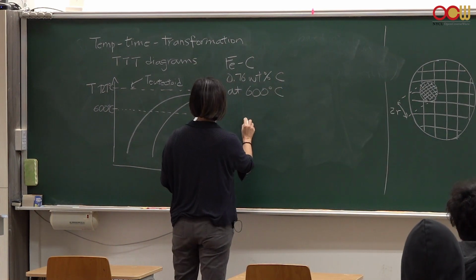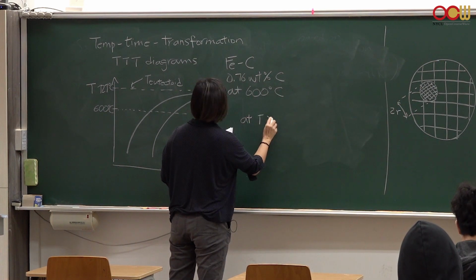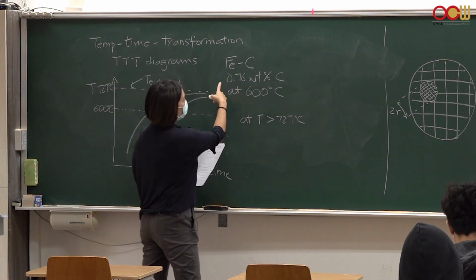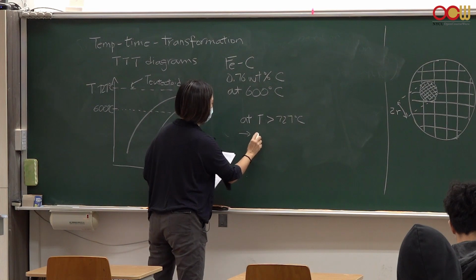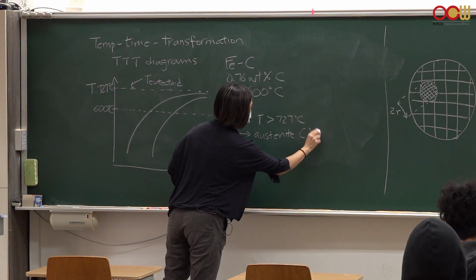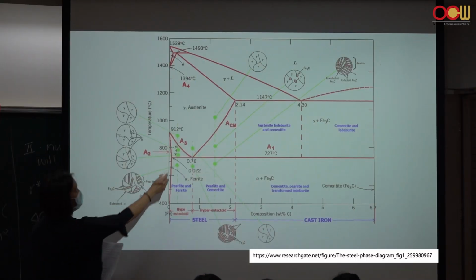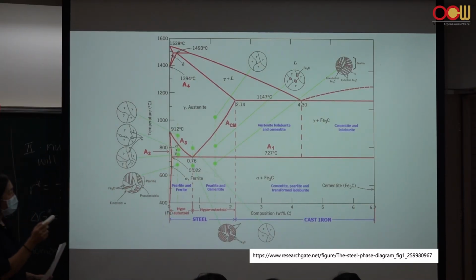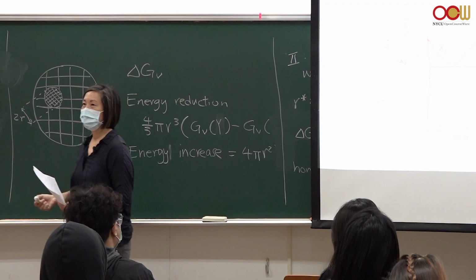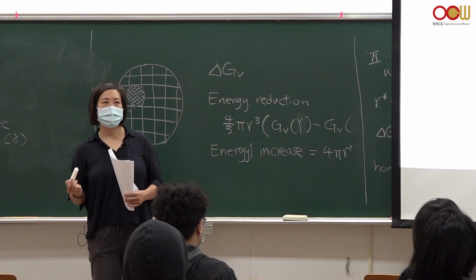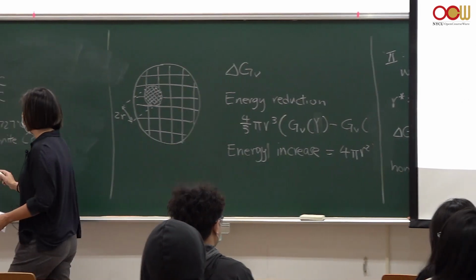Okay, so at T above 727 degrees C, and at this concentration, we have austenite. If we were to cool, so let's say we're somewhere at 800, and we were to cool it down very, very quickly to 600, say within a second, what phase would you expect?